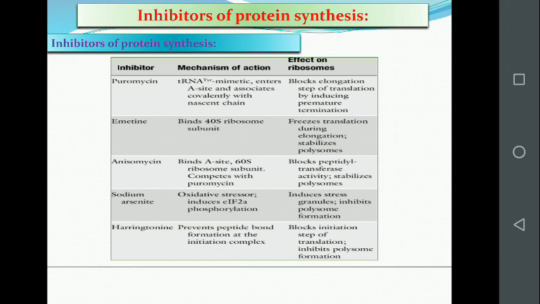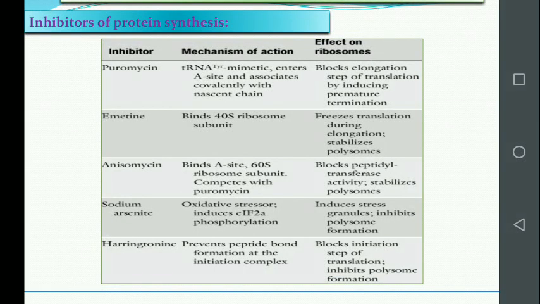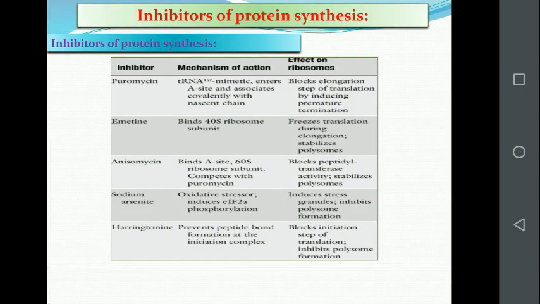We have some examples like puromycin, emetine, anisomycin, sodium arsenate, and herring tonic. All these drugs are used as inhibitors for the synthesis of proteins.